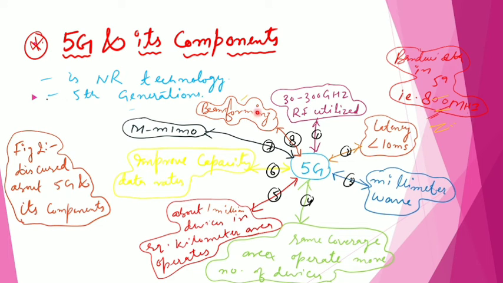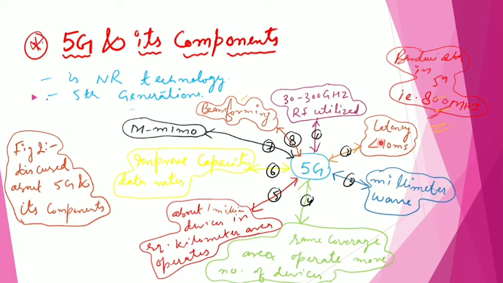So the bandwidth that is considered in 5G is 800 megahertz, as compared to 4G, where the bandwidth is 200 megahertz. So this is all about 5G, and we have compared 5G to 4G. In 4G the band is 700 to 2500 megahertz, but in 5G it is 30 to 300 gigahertz.